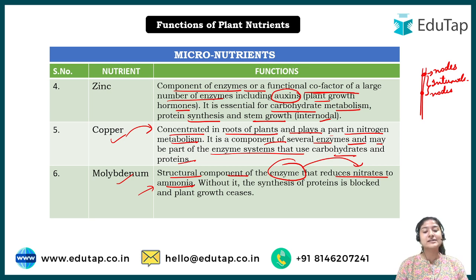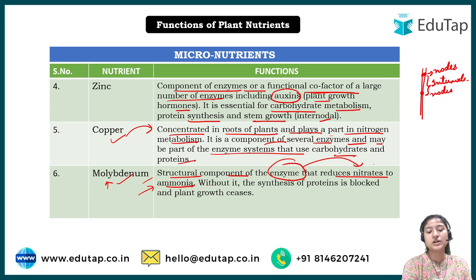So this again is a very strong and very important point, right? Because molybdenum here is important for what? If asked which element helps in reduction of nitrates to ammonia, then you should know that, oh, this is molybdenum. So these are the phrases that you have to look at.